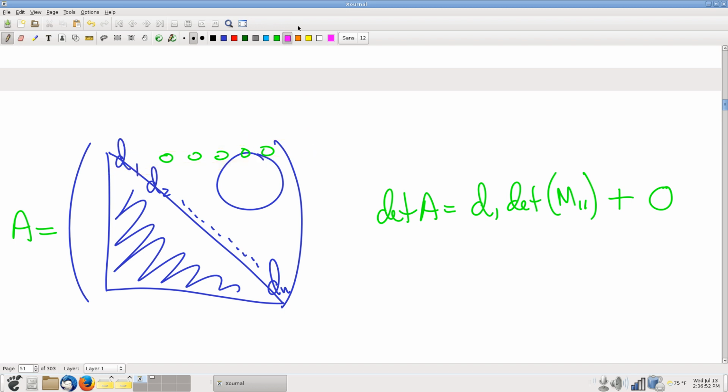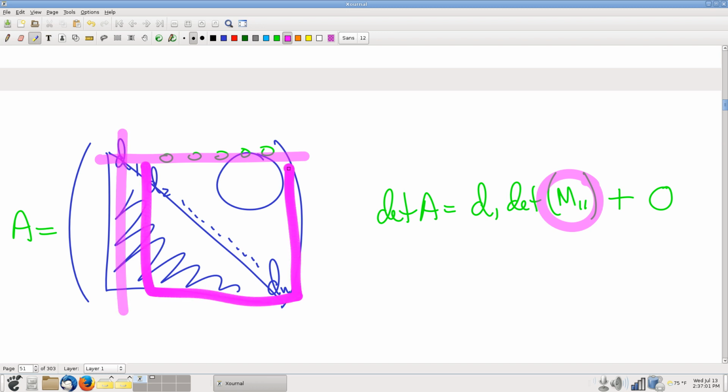Now let's think about what that M11 minor is. It's what you get when you cross out that row and that column, and we have another lower triangular matrix. So we've reduced the question of understanding the determinant of an n by n lower triangular matrix to the question of understanding the determinant of an n-1 by n-1 lower triangular matrix.